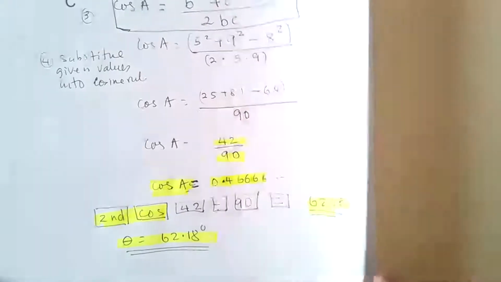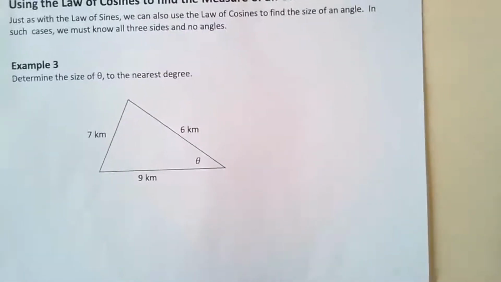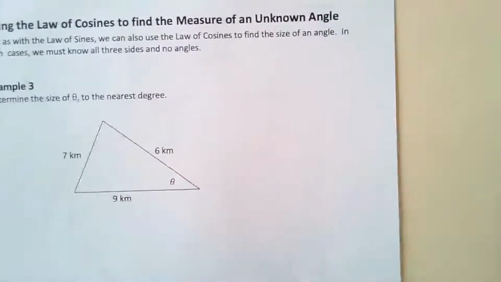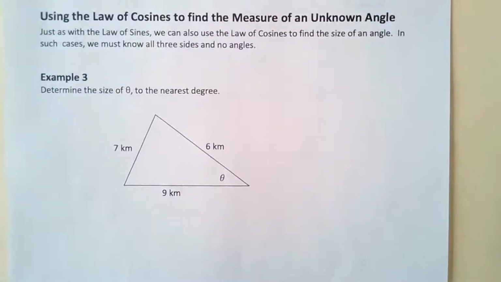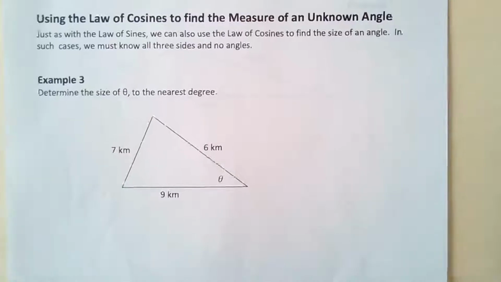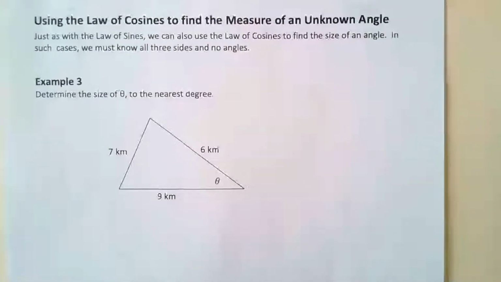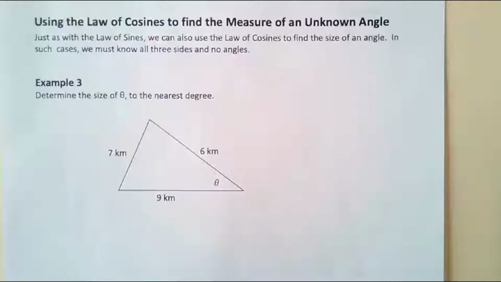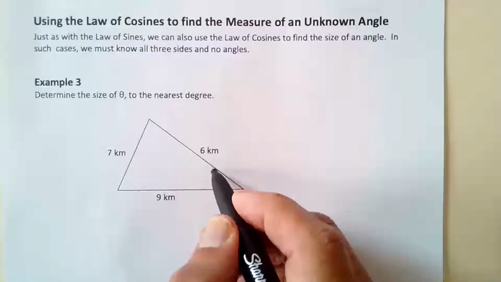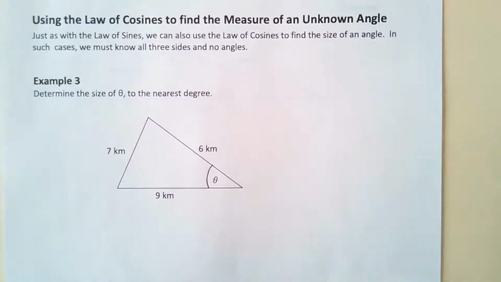Let's look at an example from your workbook. I think it's on page 22 in your workbook. You're asked to find theta, the missing angle.